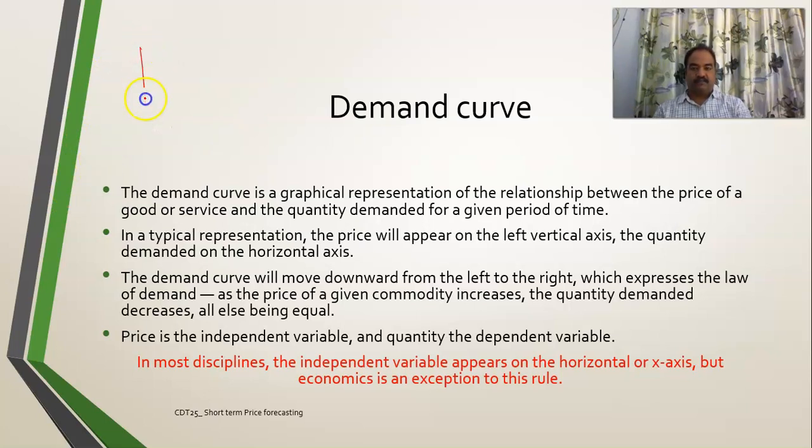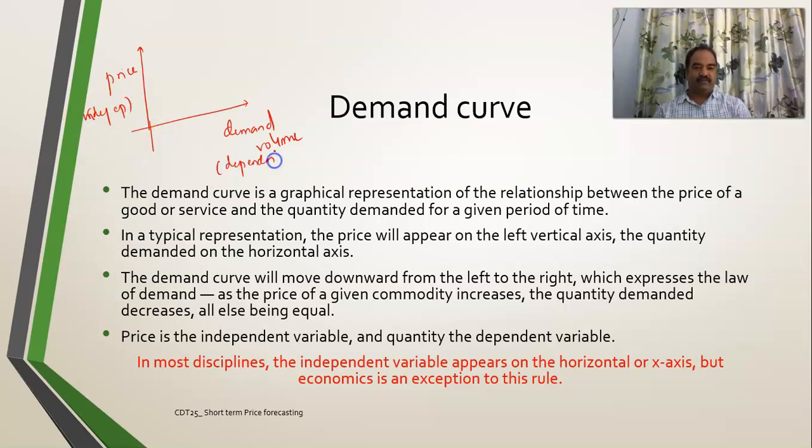Normally the demand curve is a graphical representation of the relation between price and demand, the demand volume. Just like in economics, we take price as the independent variable and demand as the dependent variable.